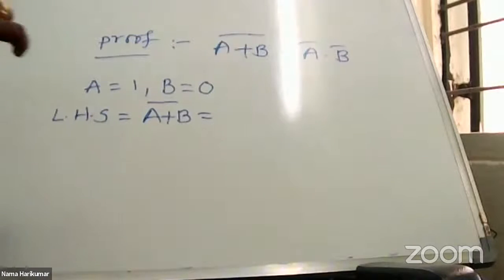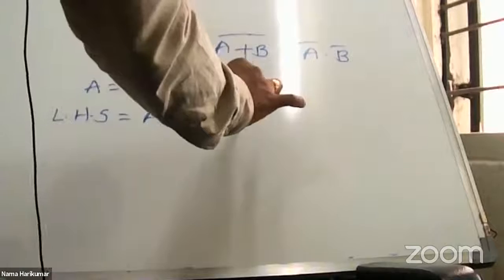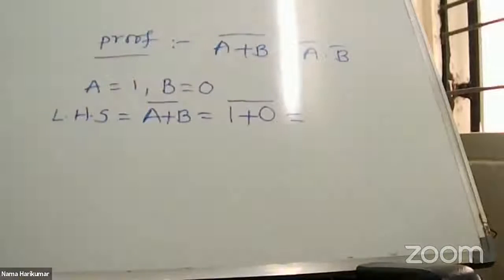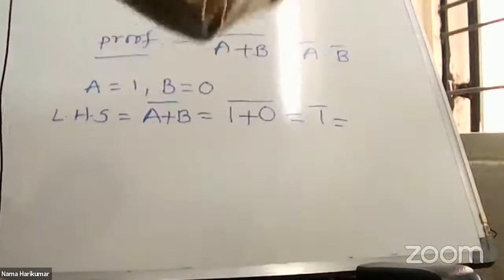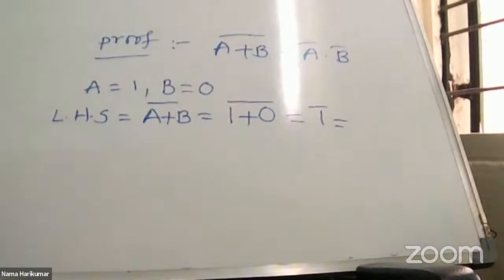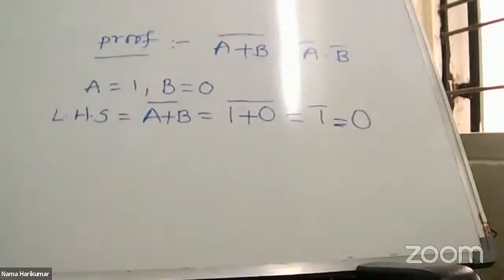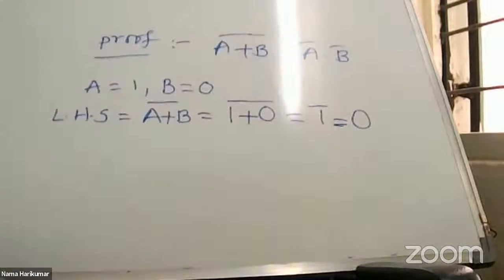In the A place you write 1, and in the B place you write 0. So it is 1 plus 0 complement. 1 plus 0 is 1, then its complement, and the 1 complement is 0. Now it is clear.